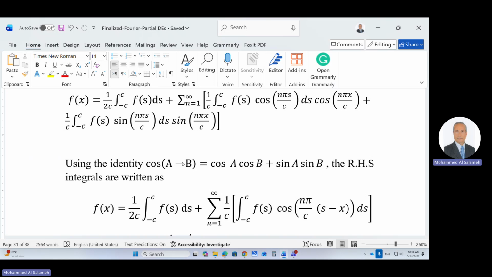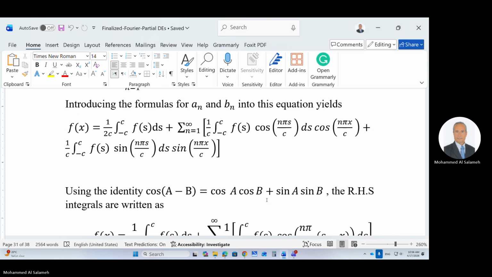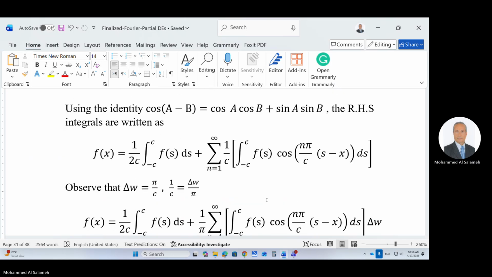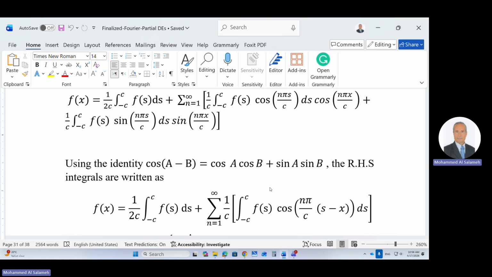This is the constant, and the summation n from 1 to infinity of 1 over c integration from minus c to c of f of s. If we put the cosine inside the integral, we can do it because the cosine is in terms of x and the integral is in terms of s. And similarly we put the sine inside the integral.